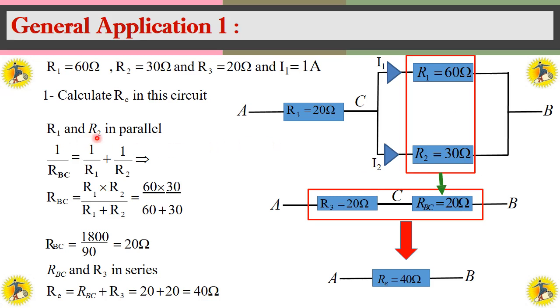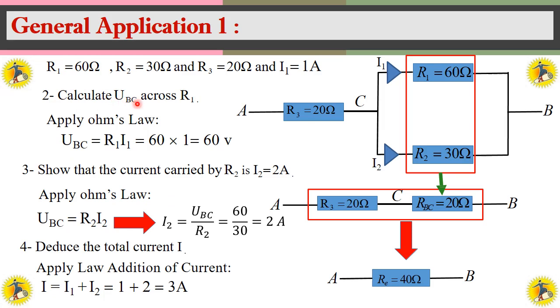R1 and R2 are connected in parallel, so we use the formula R1 times R2 over R1 plus R2, and we get 20. Now RBC and R3 are connected in series, so we add them to get the R equivalent of 40.